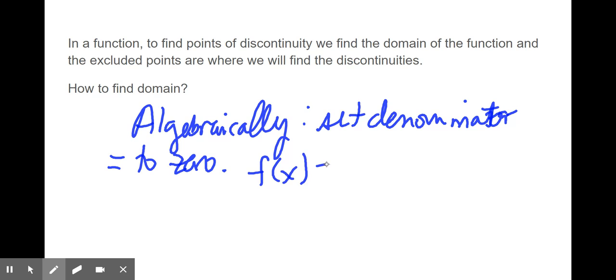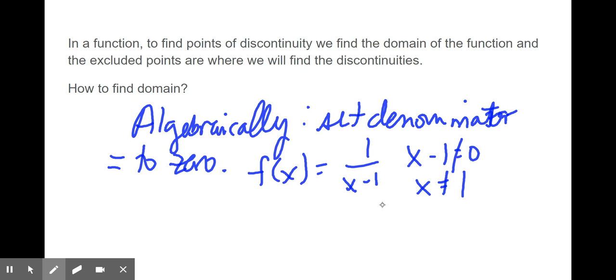So for example, if I had a function called 1 over x minus 1, and I just set the denominator equal to 0, I would get x equals 1. Well, the denominator can't be 0, so x can't be 1. So the domain of this function would be everything except for x equals 1. At x equals 1, there is a discontinuity.